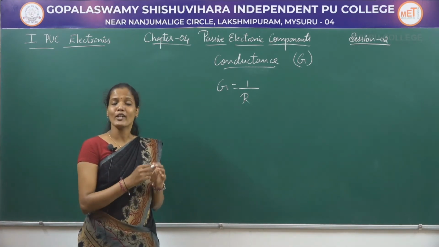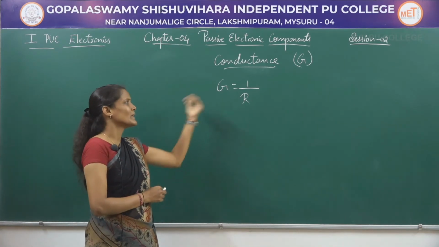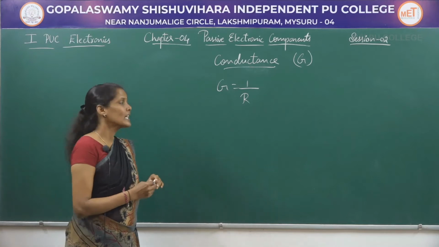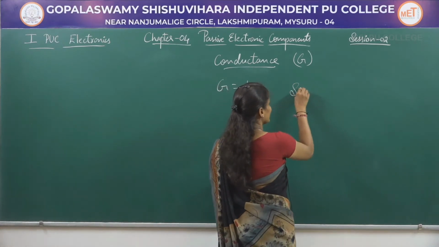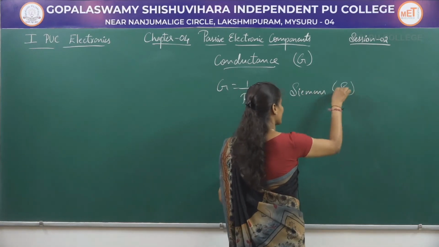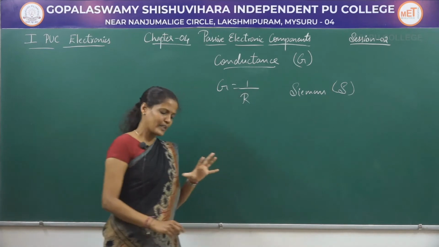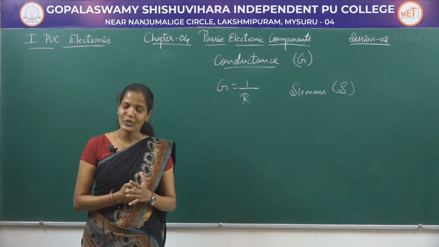It is the property of a material to allow the flow of current, which is nothing but the reciprocal of the resistance, and it is always measured in terms of Siemens, which is symbolically represented by S. So the conductance as well as the resistance are both inversely proportional to each other.